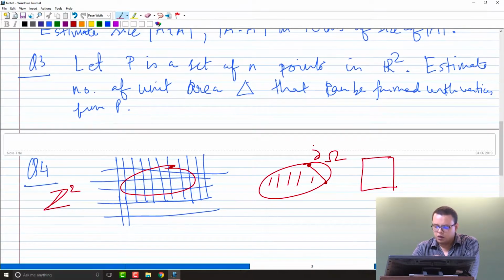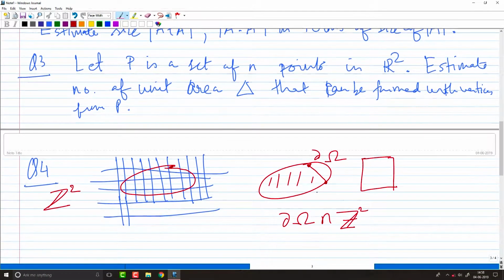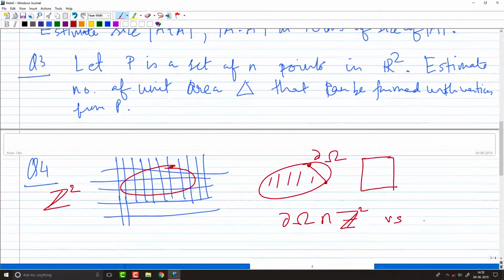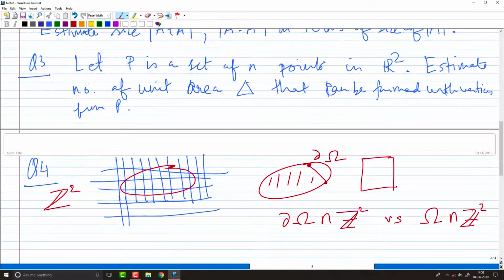Now what I want to understand is the number of points from Z2 that are on the boundary of this convex body, on this convex curve, versus the number of points that are inside this convex body. Make sense what I am saying?